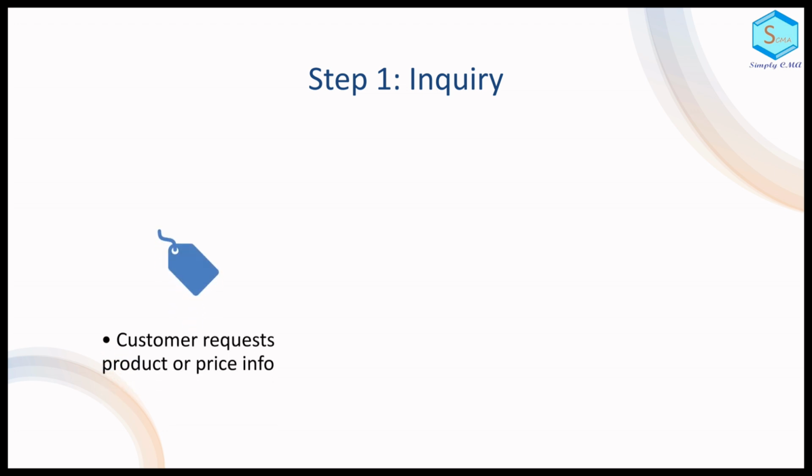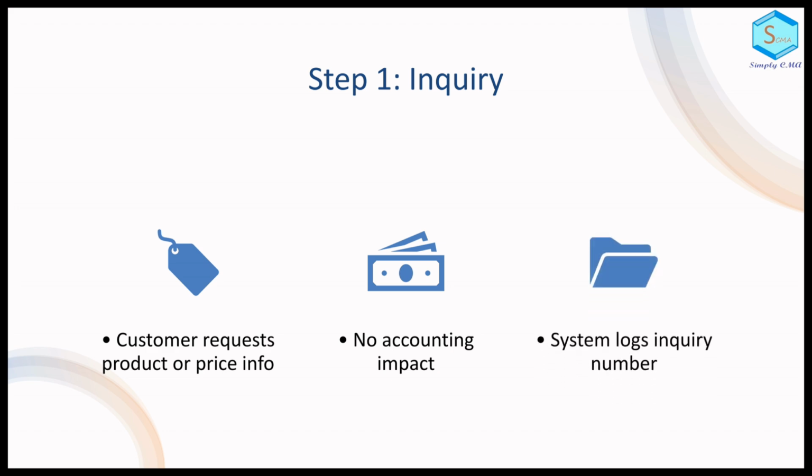At this point, the customer is only asking for information like prices, availability, or specifications. There are no financial entries under this step. However, the ERP system records the inquiry with a system generated reference number for tracking and follow-up purposes. Here the customer inquires about a product through the system.